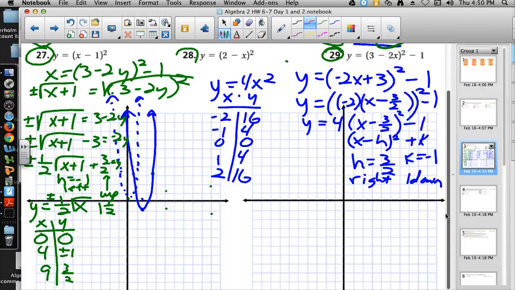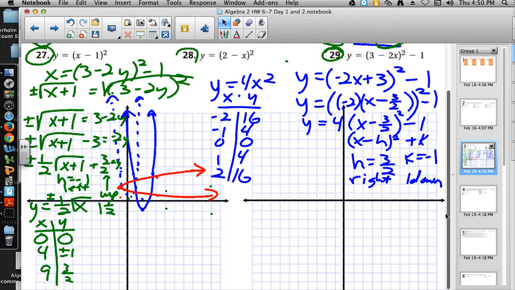I need to move 1 to the left and 1/2 up. 1 to the left and 1/2 up. And I can see my smartboard alignment is off again. And there it is. And again, it makes perfect sense from what we know.